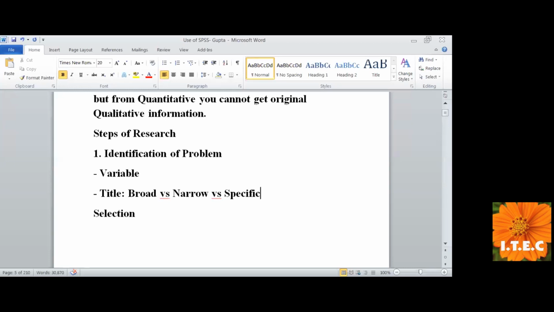What do you think? Should the title of the research be broad, narrow, or specific? Okay, you will understand that your answer is not correct. When I proceed further, I give example, then you start understanding.